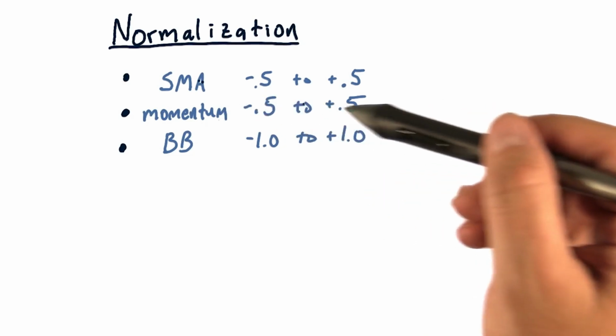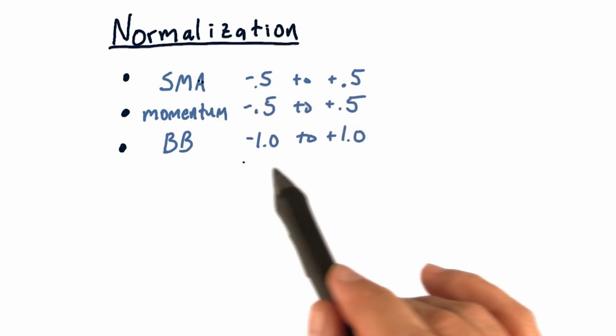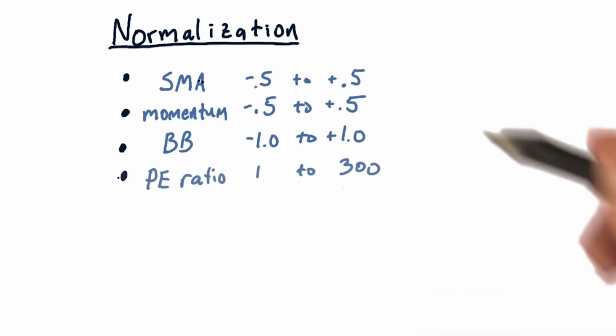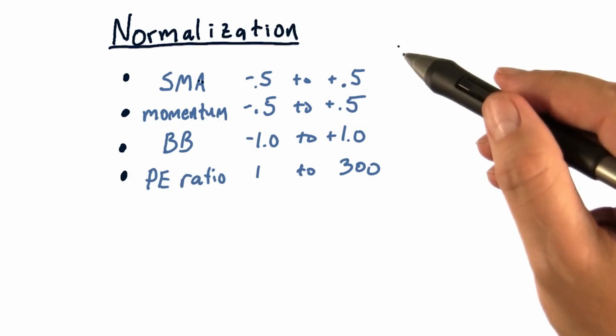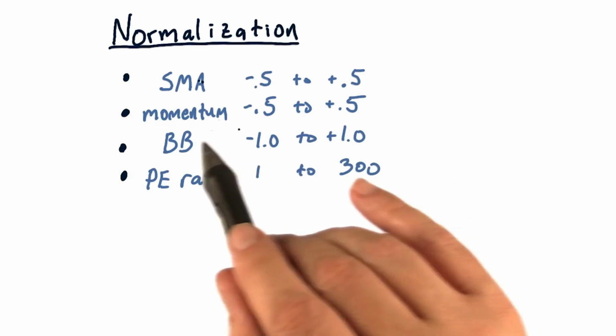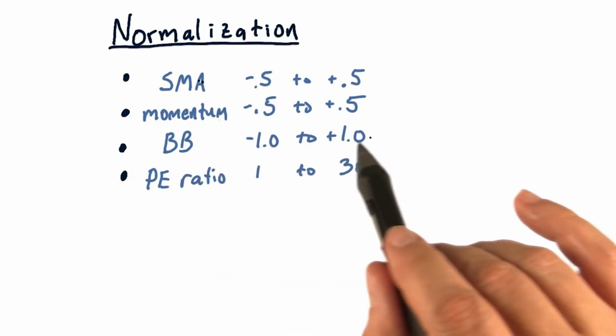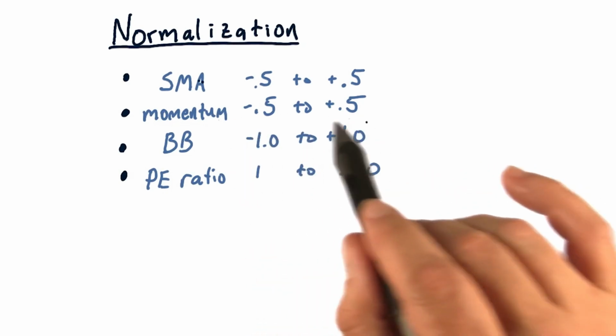For momentum, a similar kind of range. Bollinger Band typically inhabits -1 to 1. If we were to plug these values into some sort of machine learner, we would have a little bit of a problem. And what would happen, and we'll have to go into the details later, is the Bollinger Band factor would tend to overwhelm these other factors and become the most important one.